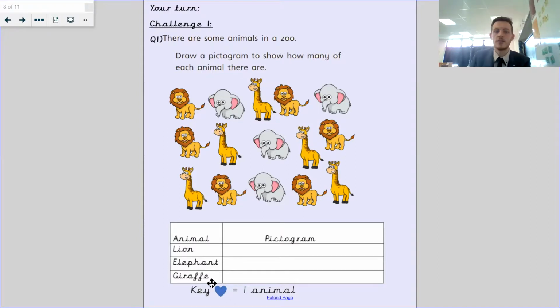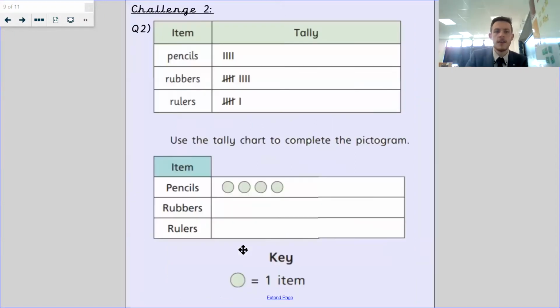Now, if you want to change it, you can, but I've made it nice and easy for you to draw. A heart is one animal. So you need to put however many hearts for the lion, however many hearts for how many elephants there are, and however many hearts for how many giraffes there are. Look forward to seeing that work. Make sure you're concentrating nice and hard.